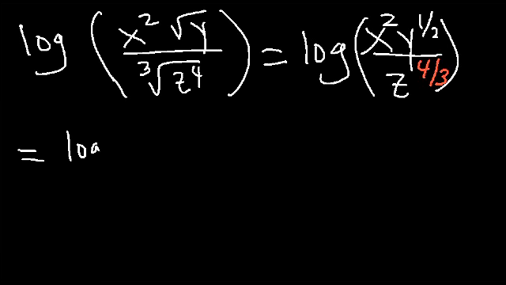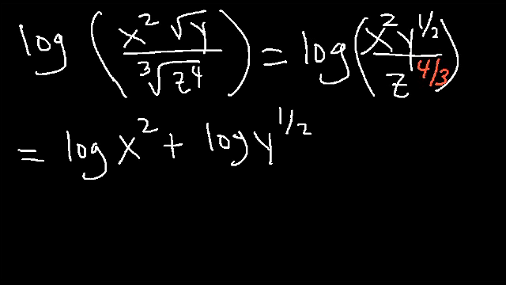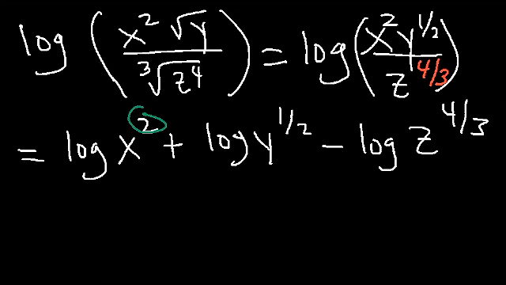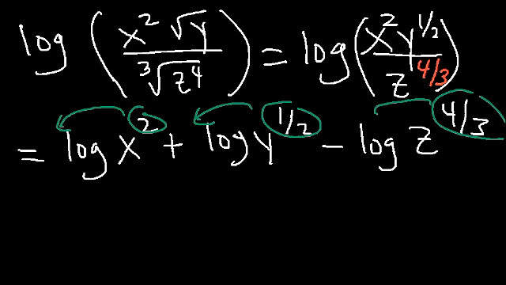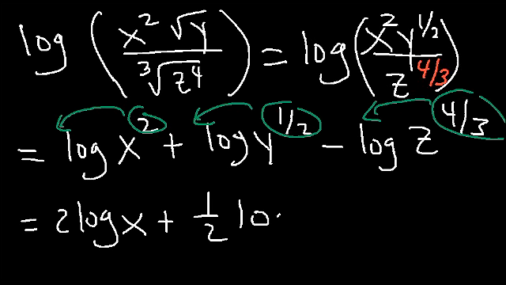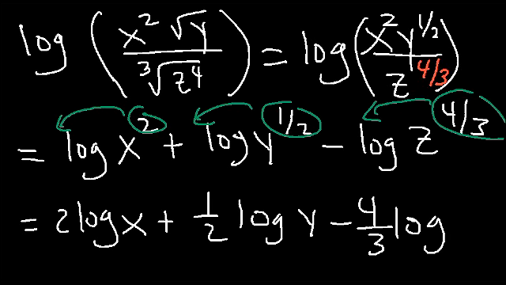So it's log x squared plus log y to the 1/2 minus log z to the 4/3. So now let's move the exponents back to the front. So the final answer is 2 log x plus 1/2 log y minus 4/3 log z. And that's it for this problem.